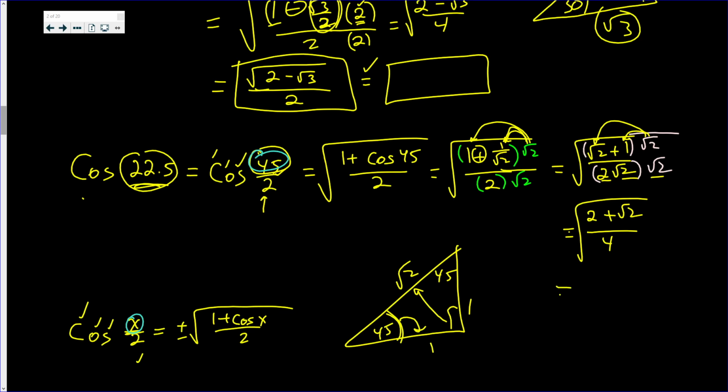I do not know the square root of the numerator, but I do know the square root of the denominator. That is the exact value for the cosine of 22.5. Unless I made some silly error, that is the exact answer. You cannot get any closer than that.